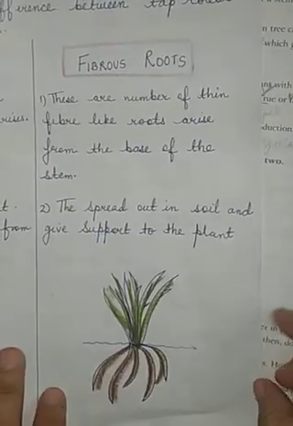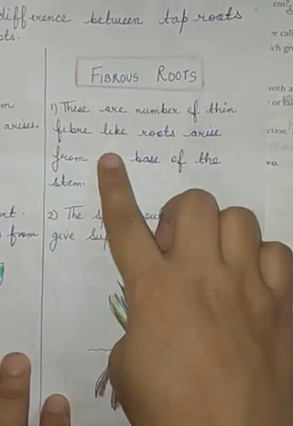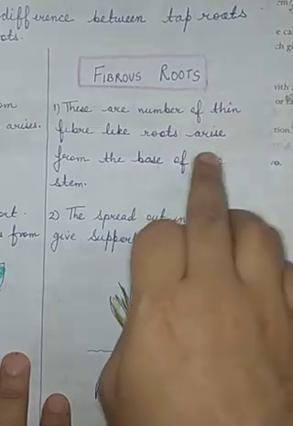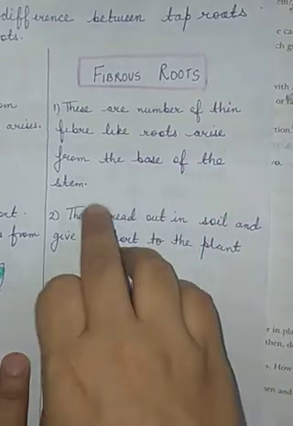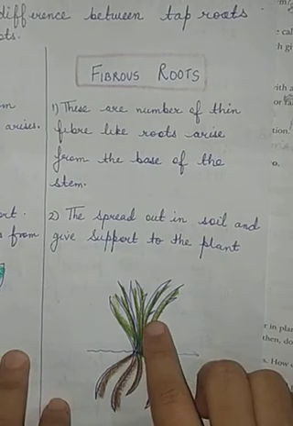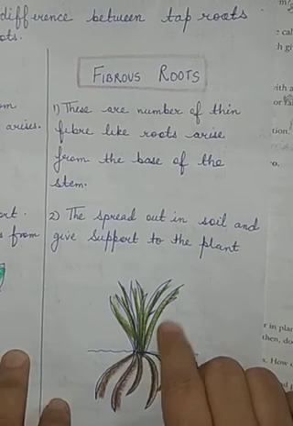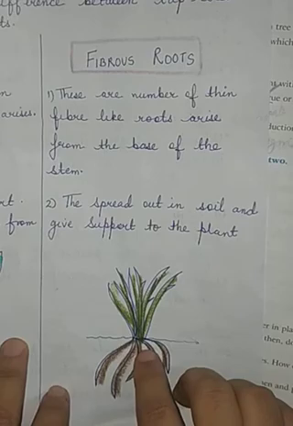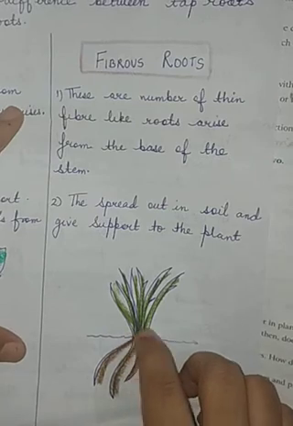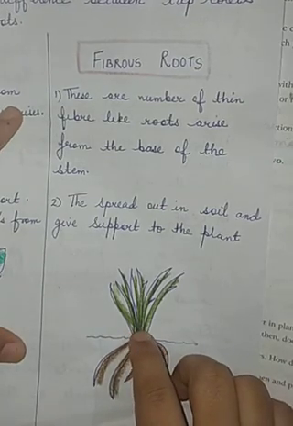Now coming to the fibrous root. What is fibrous root? These are a number of thin, fiber-like roots which arise from the base of the stem. So this is a diagram of the fibrous root. This is a plant, for example, and here it has roots. This is the base of the plant.